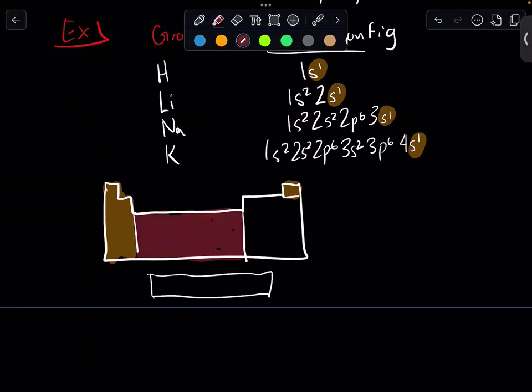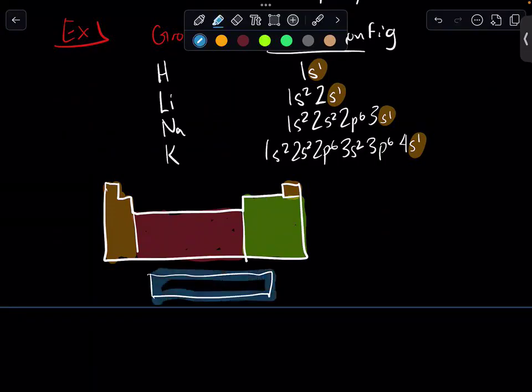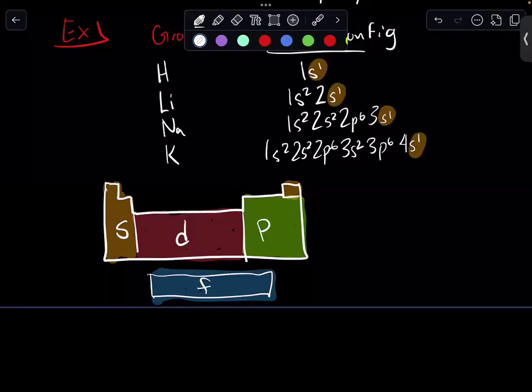As we look at our table in these sections, we can check them based on what their sublevel is. The sublevel refers to the block. So we name these the s block, d block, p block, and f block. These are the four sections of the periodic table, along with helium also being in the s block. Specifically, it's the 1s2, because it actually acts like it belongs right there.